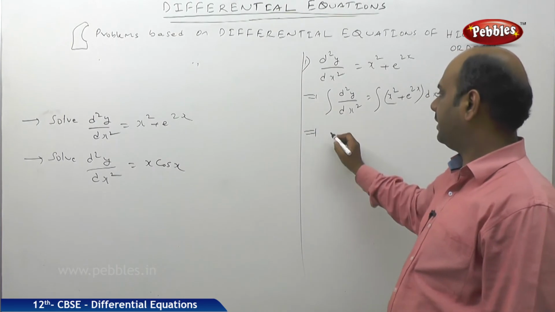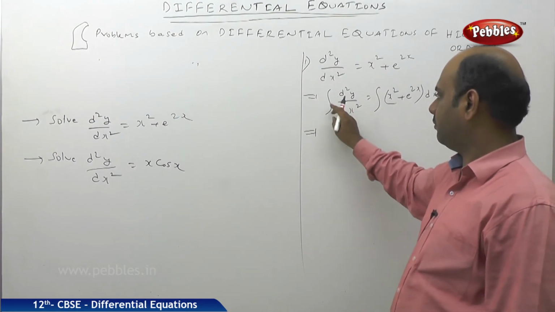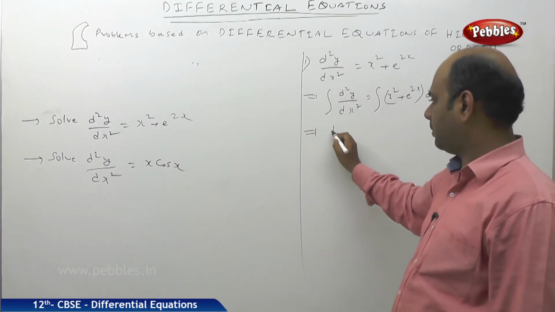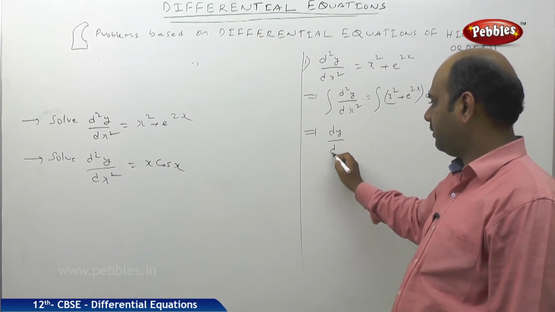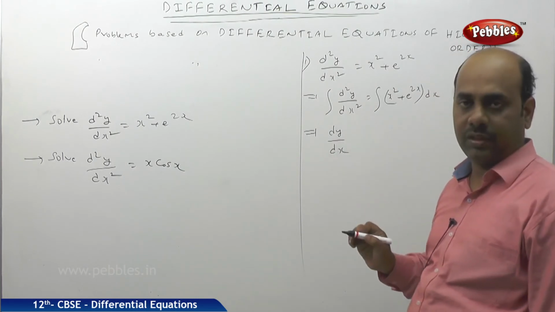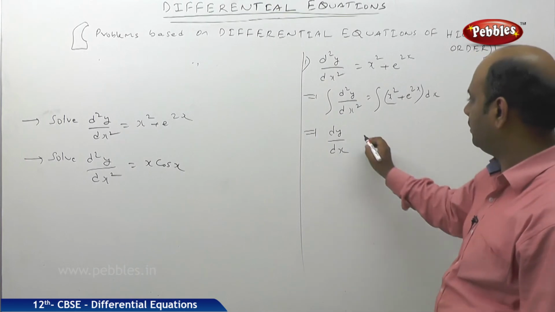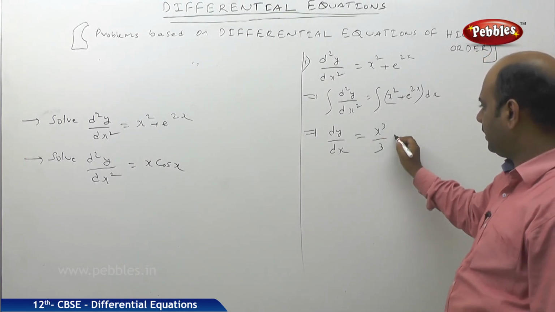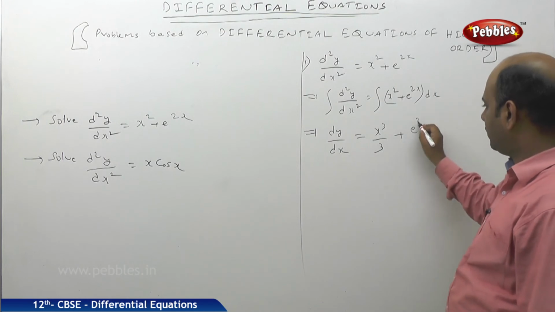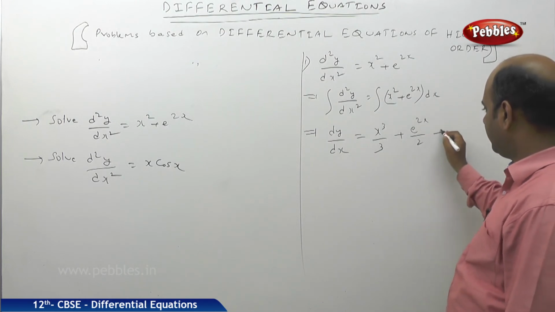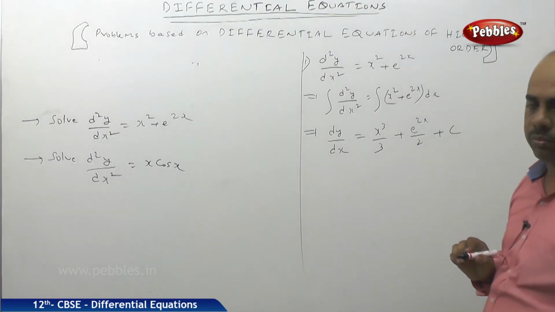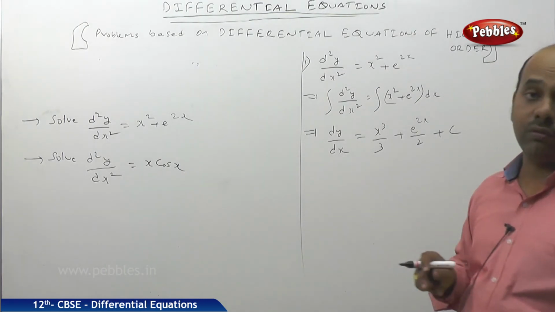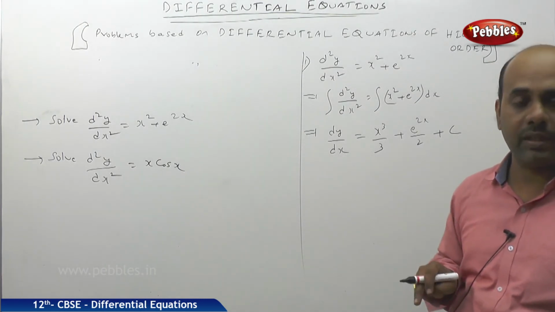Integrating one time, integral of d square y by dx square becomes dy by dx, because integral and derivative get cancelled, and integral of x square is x cube by 3, and integral of e power 2x is e power 2x by 2, and here I need to put a constant. But I want to find y, while here dy by dx is there.